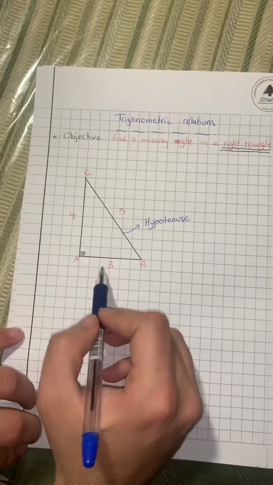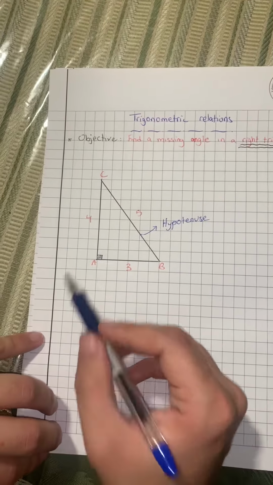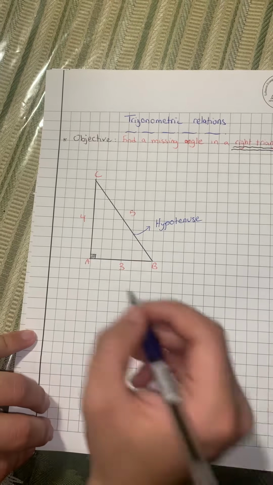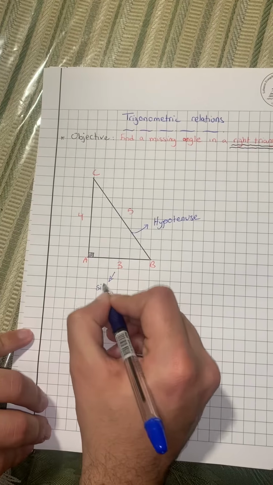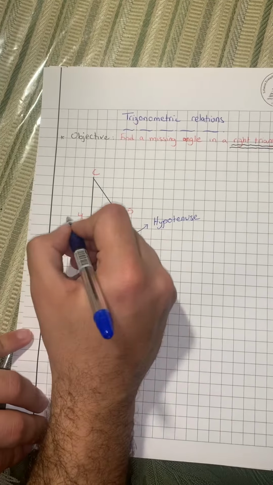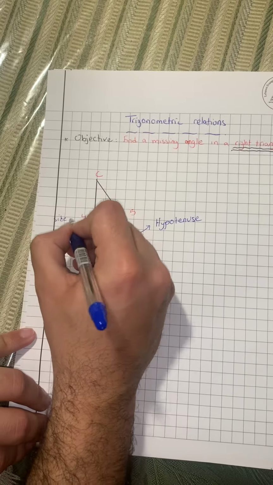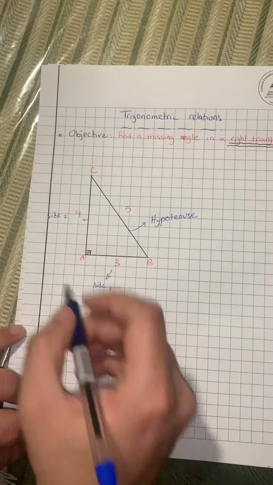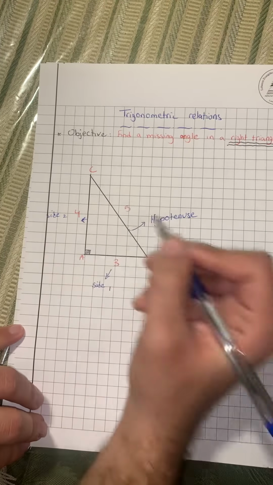The other 2 sides, I'm gonna name them side 1 and side 2. So this is side 1 and this is side 2. However, they have a specific name that I will mention in a minute.